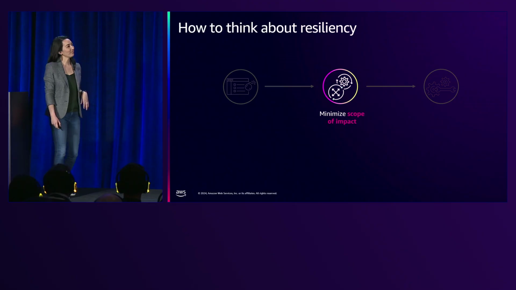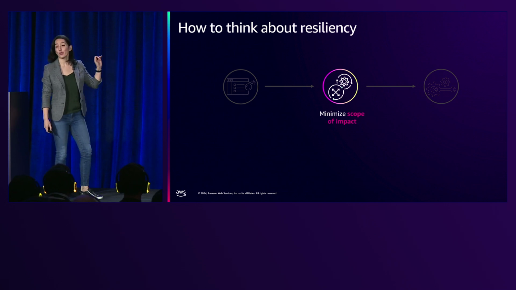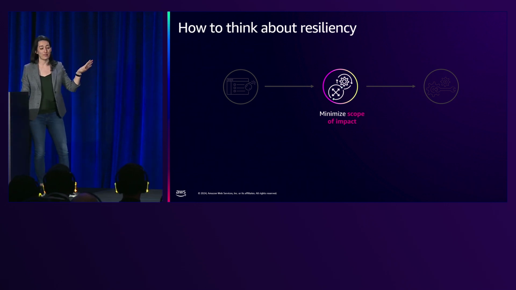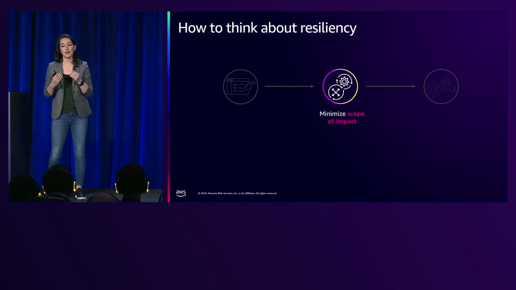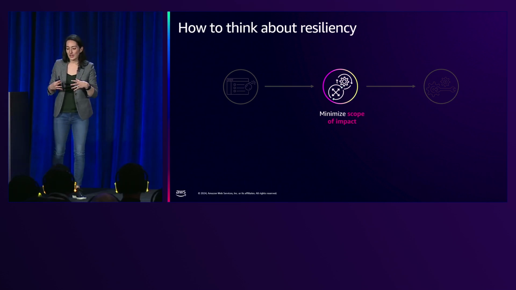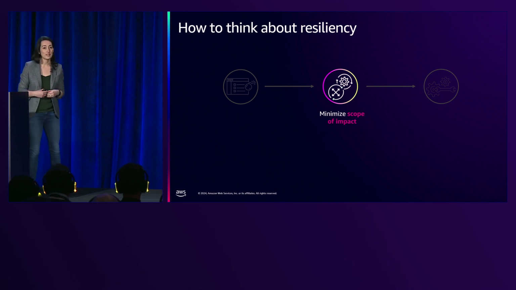So I'm going to jump back to how we were thinking about resiliency. First off, I want to jump into that second bucket of minimizing scope of impact. It's super important to minimize the scope of impact to reduce the impact that you have to your end customers when you do see an issue. So in EBS, we work relentlessly to prevent failure and performance degradations.